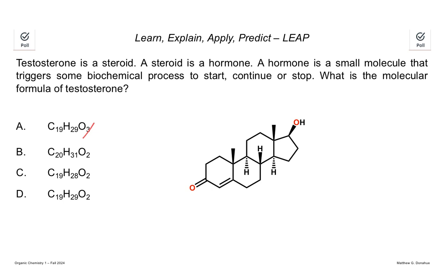Now here's a more subtle question to you. So you have B, C, and D. Of those 3, is there a way you could eliminate 2 of them, just looking at the molecular formula itself?